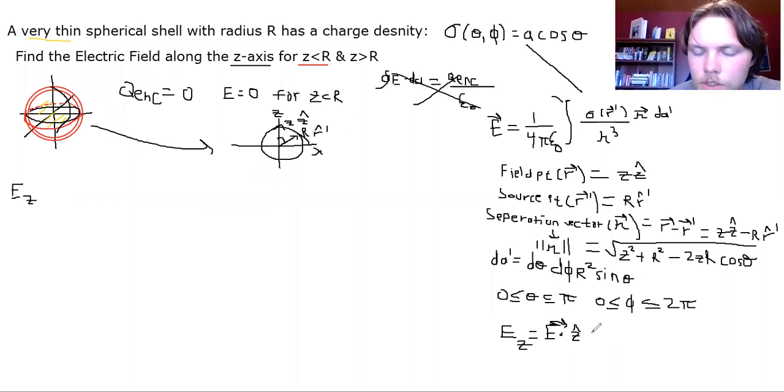meaning wherever we see a vector, in our case it's just the script r, the separation vector, we take the dot product, not multiply.